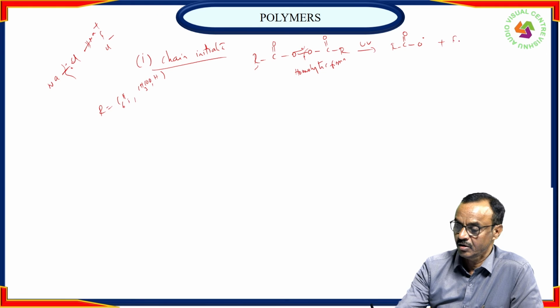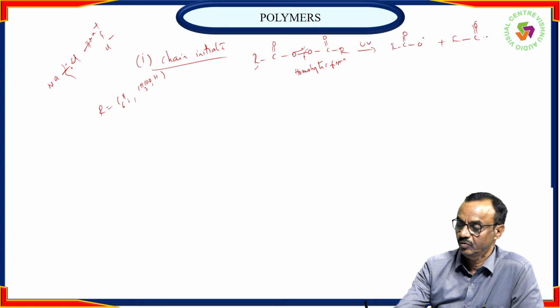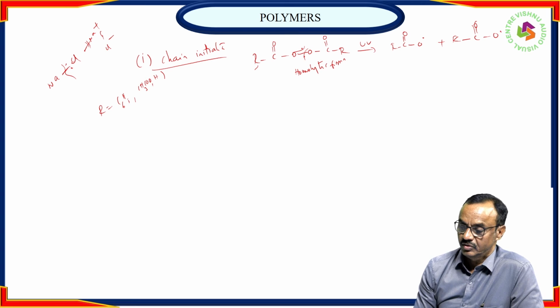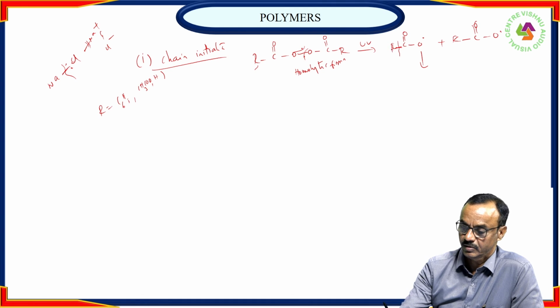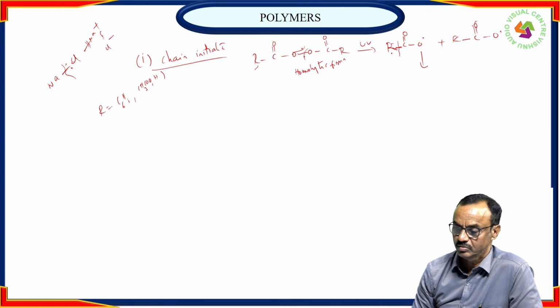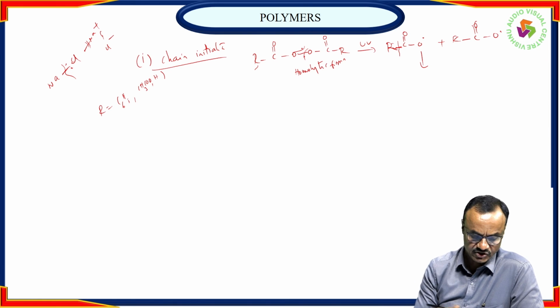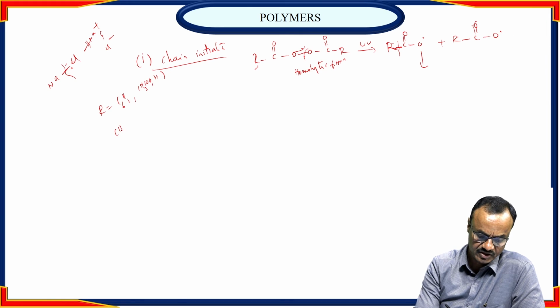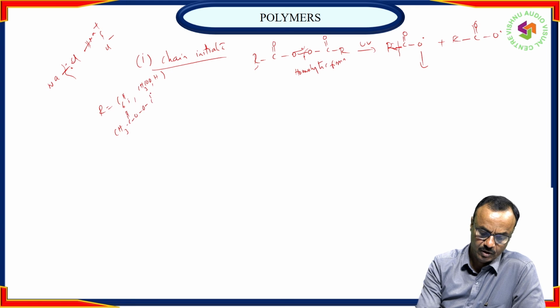Plus, how many are there? RCOO dot, 2 are there. This also breaks homolytically, or it may be the methyl group, acetyl peroxide, CH3.